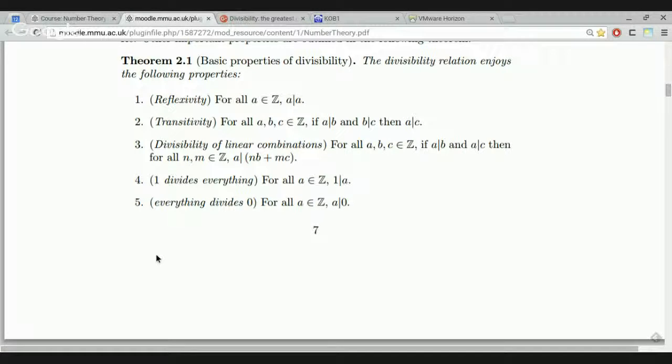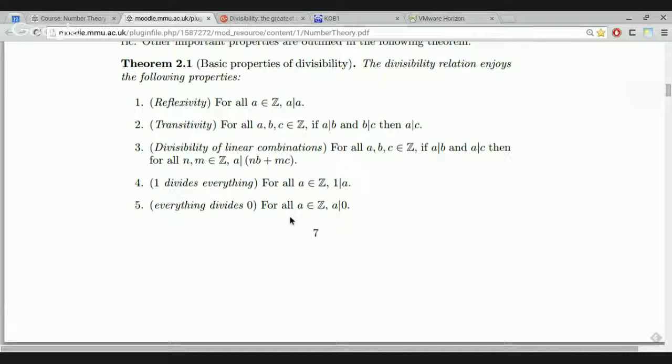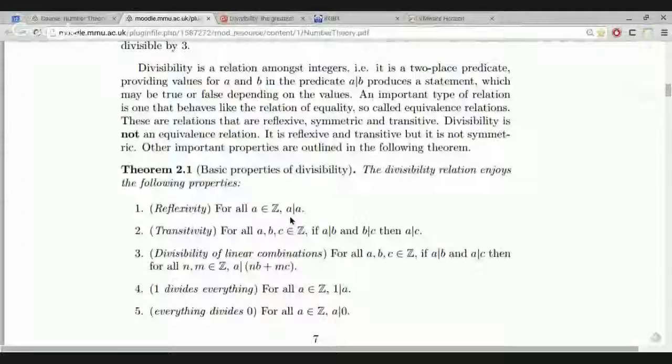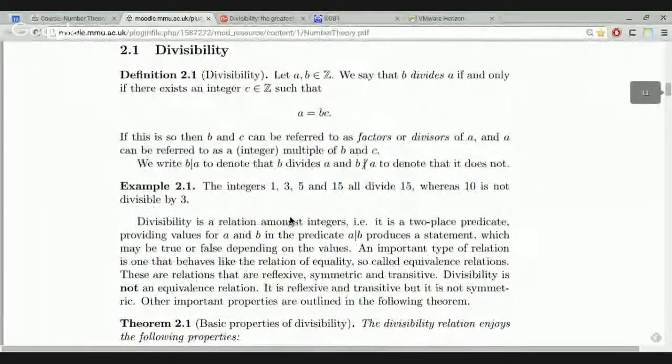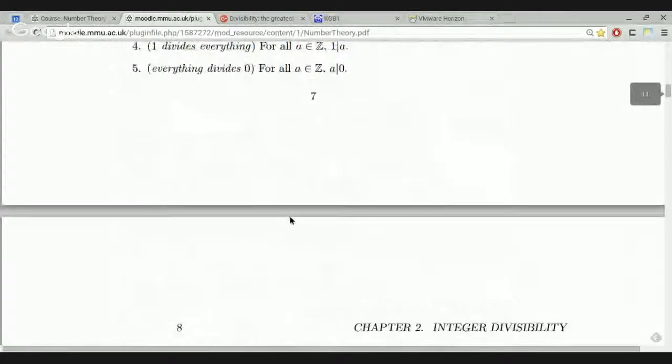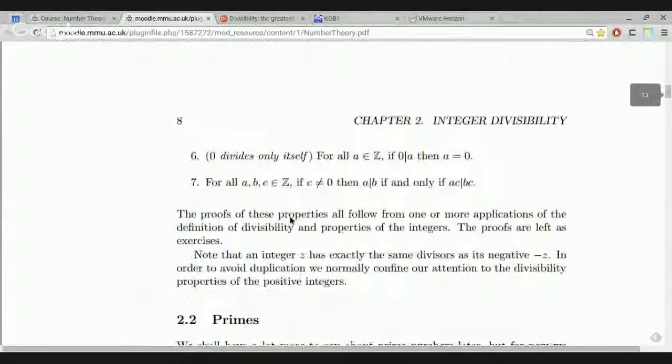Everything divides itself. Divisibility is transitive. We discussed all these last time, and they were all proved by constant recalling of the definition. That's what we did last time.